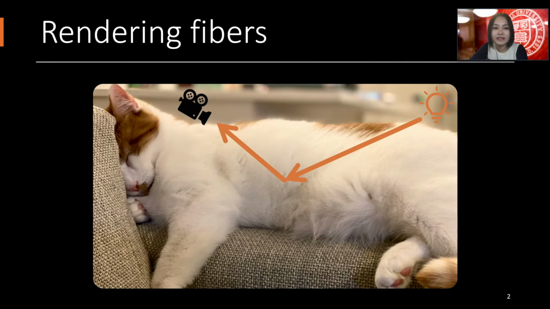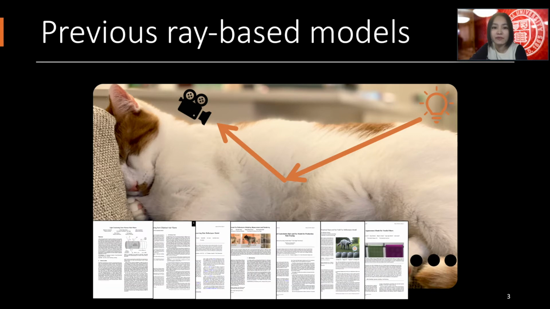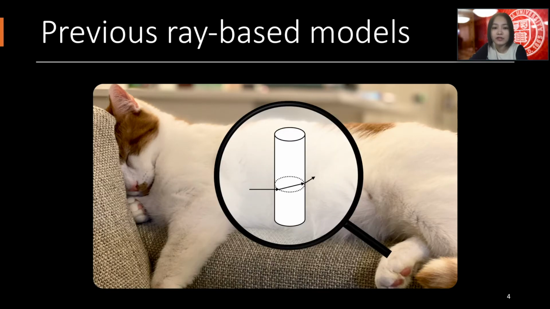To realistically render fiber materials, including human hair, animal fur, and cloth, graphics researchers have developed many physically based fiber scattering models. These existing models are all based on tracing rays through fiber geometry. However, for many kinds of fibers, especially small animal fur fibers and textile fibers, their sizes are comparable to visible light wavelength.